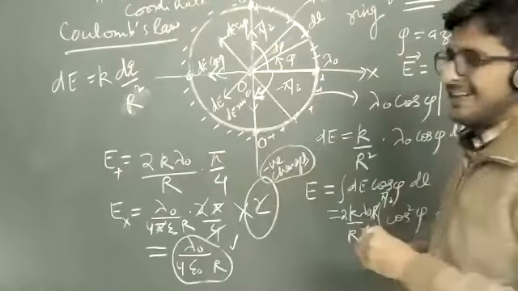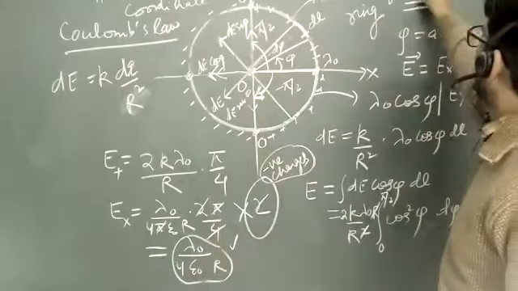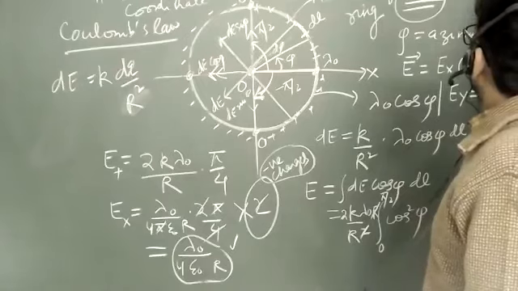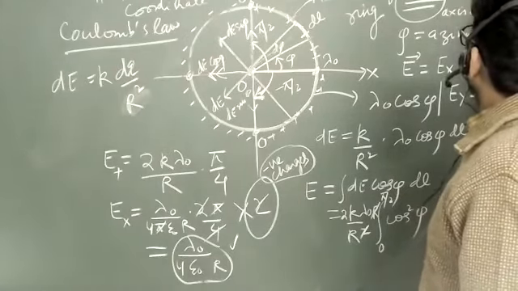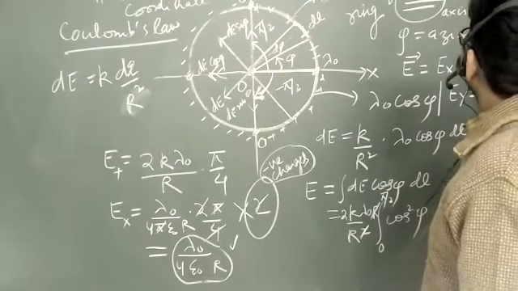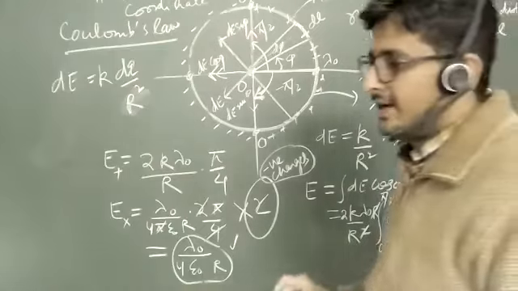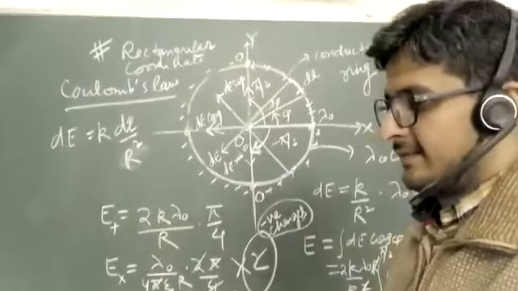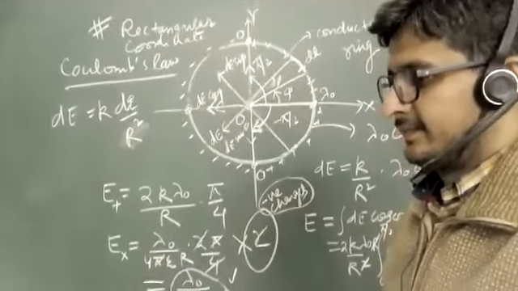So please try to understand what is happening and get it for me as a homework. So on the axis at Z distance, get me the value of electric field on the axis at Z distance. Okay. Question is clear to everybody? Yes, sir.